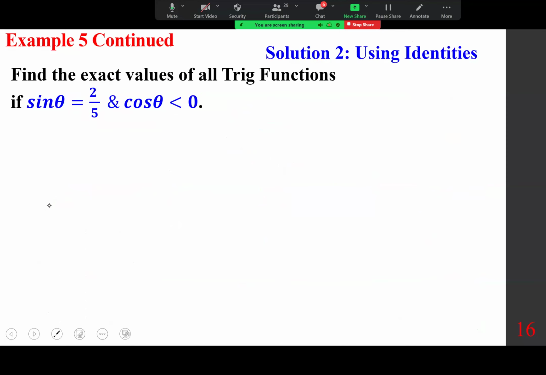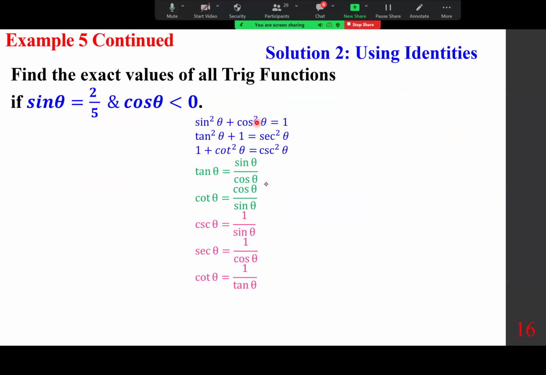Now we want to use identities, so we remind everybody of the identities, and because sine is given, it's very simple. Go to the very first one and say sine squared plus cosine squared is 1. And by the way, we discussed the quadrant already, so I'm not going to go over that again. It's obviously the same quadrant. So sine squared plus cosine squared is 1.